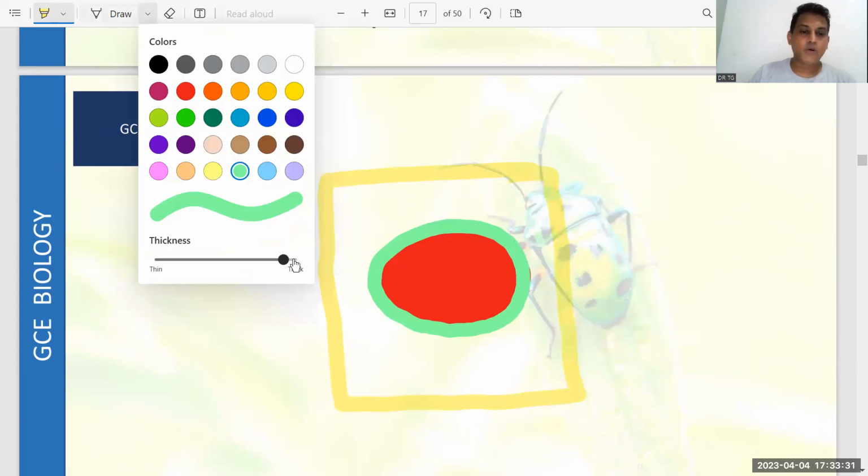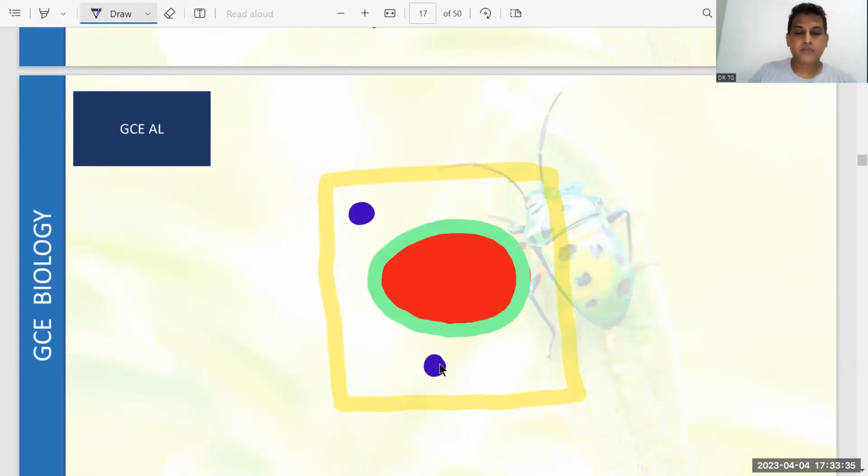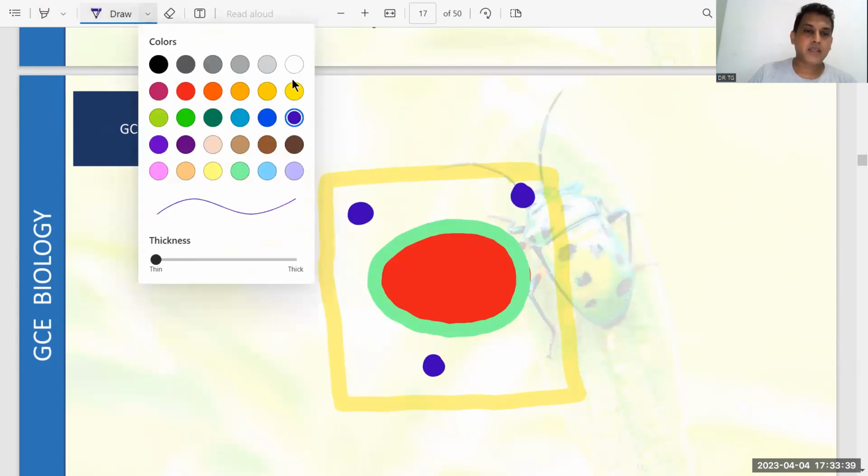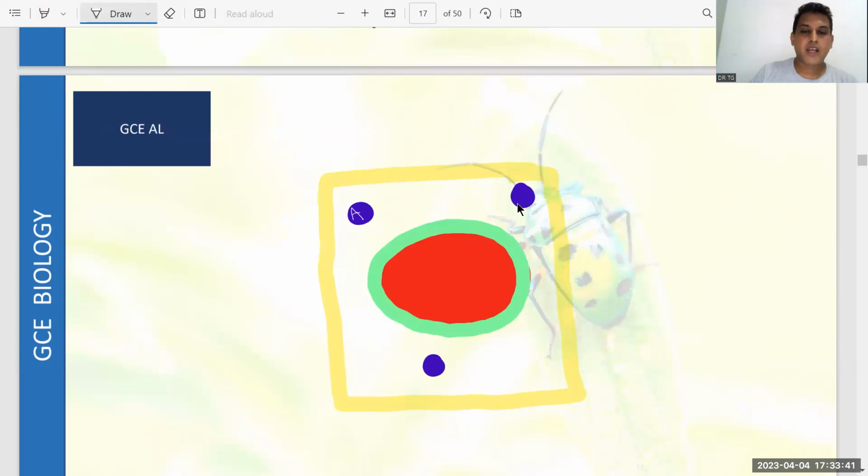And they have both antibody A and antibody B. Antibody A and B in the plasma.